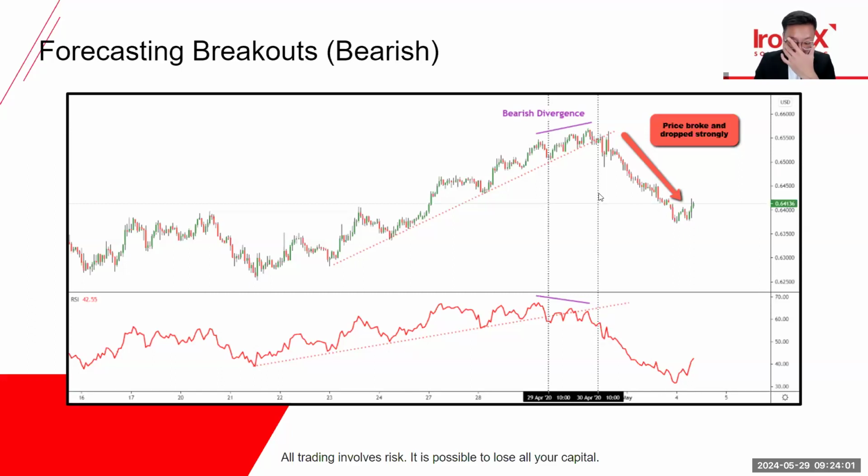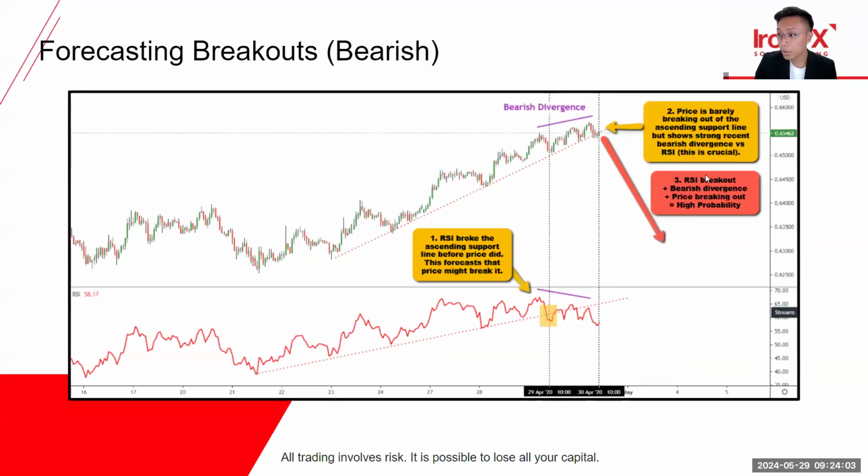This is a pretty good combination: RSI breakout plus bearish divergence, as well as price starting to show that it is weak on the uptrend.